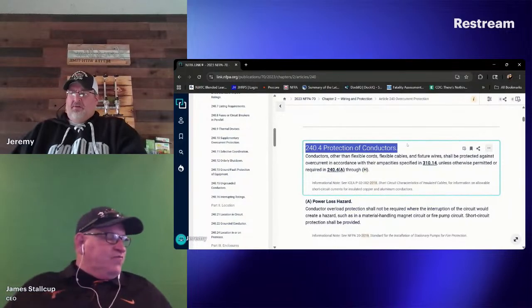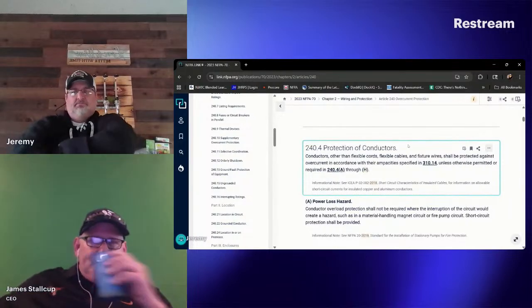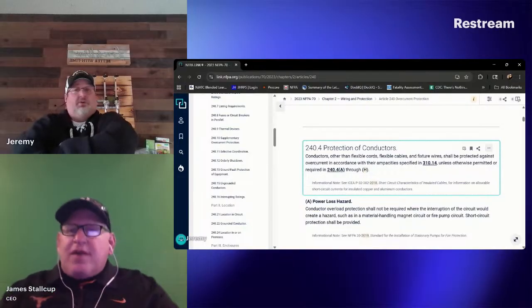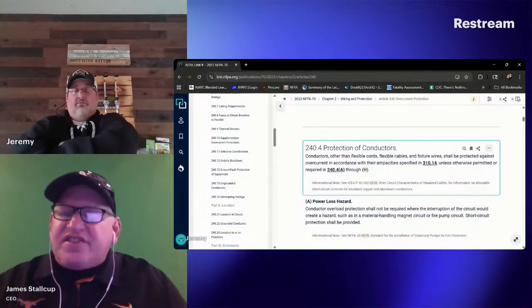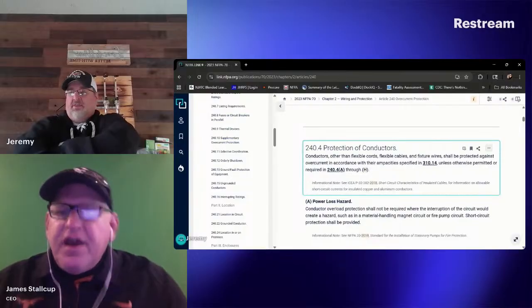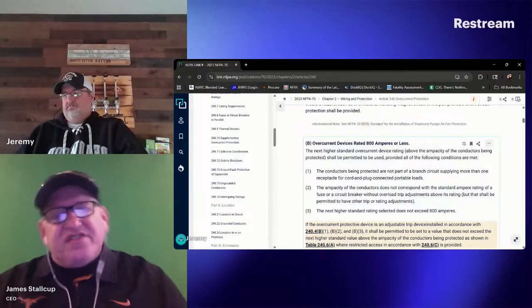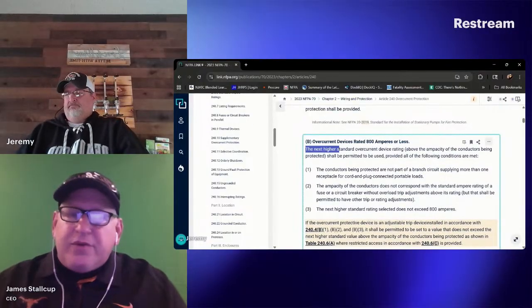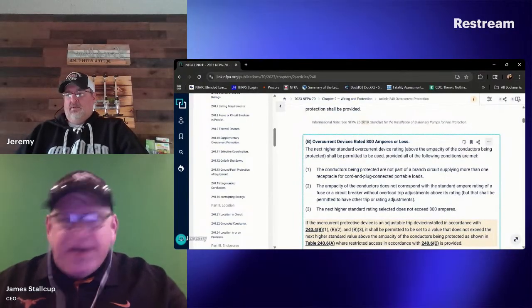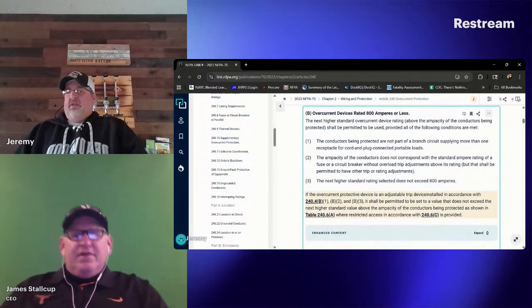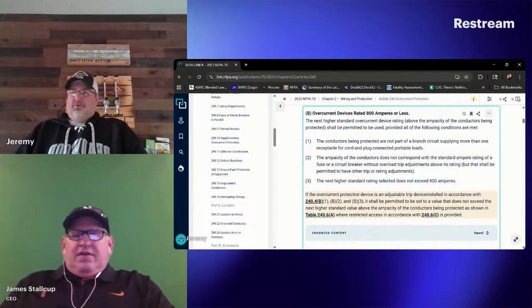What is 240.4? It's for protection of conductors, and that's what I'm trying to tell you. You've already sized your conductors. Once you size your conductors, 240.4(C) says the conductors it protects shall be equal to or greater than the rating of the overcurrent device. Okay, you said 240.4(B) gives you two options. You can protect the load or protect the conductor.